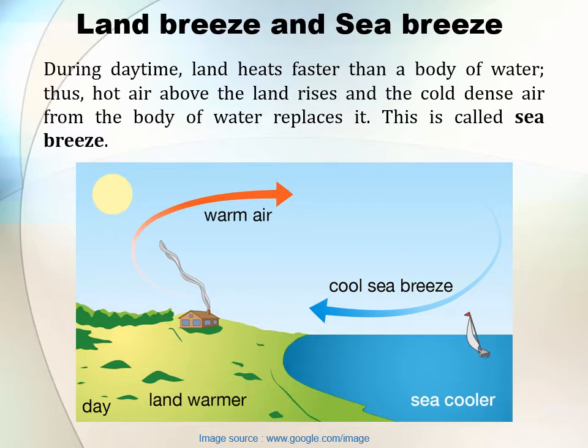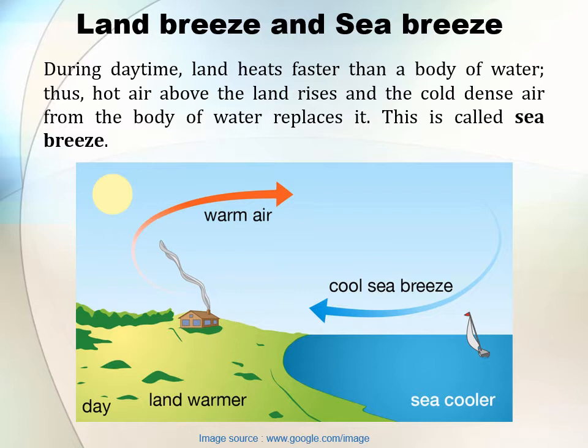The first type of local wind we see is the sea breeze. This type of wind occurs near coastal areas where the continental landmass is in contact with a large oceanic body. During daytime, due to the differential heating of land and ocean water, the land area heats faster than the water body.